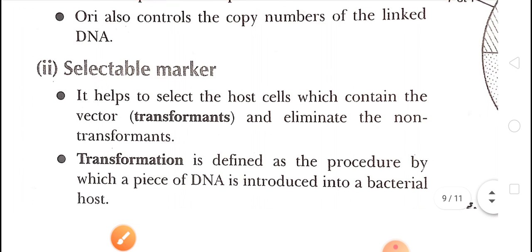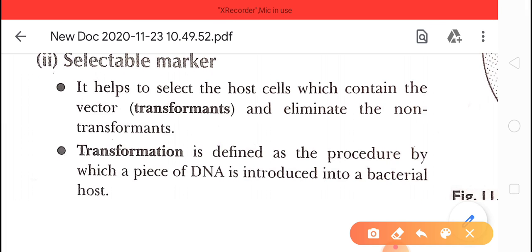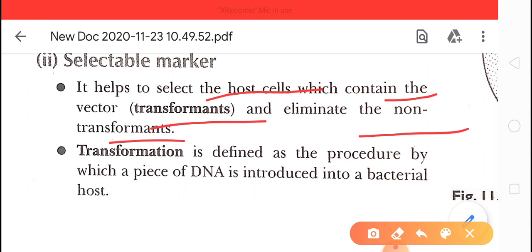Number 2 is the selectable marker. A selectable marker helps to select the host cells which contain transformants and eliminate non-transformants. In easy words, selectable markers are substances which can recognize the recombinant DNA over the non-recombinant DNA.